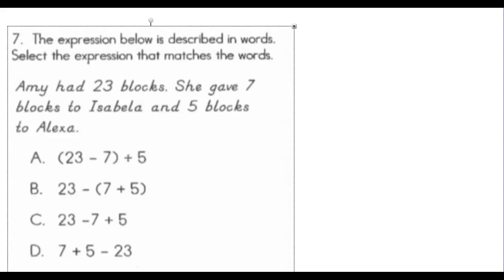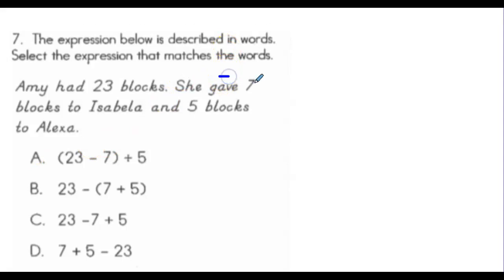To give something away. So we subtract. So she gave, and that's subtraction, 7 blocks to Isabella and 5 blocks to Alexa. So she has given 7 and 5 blocks away.